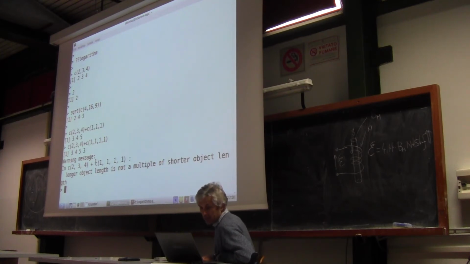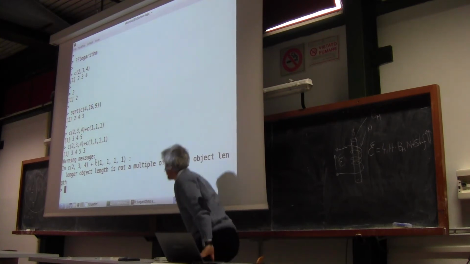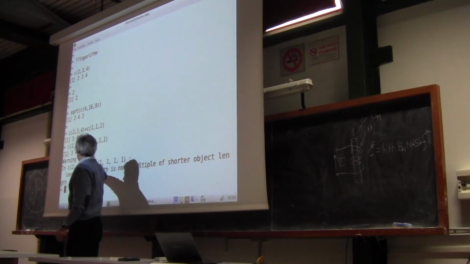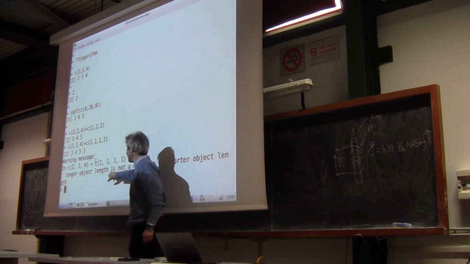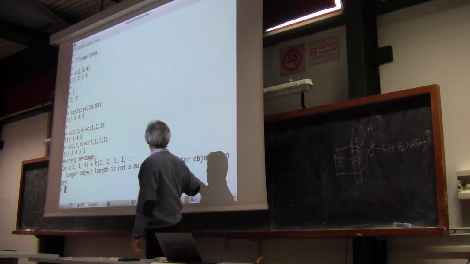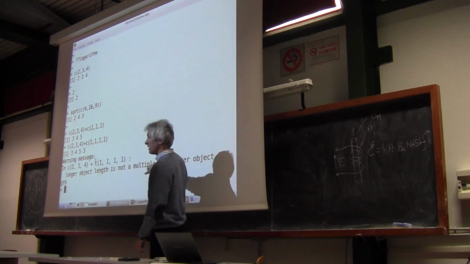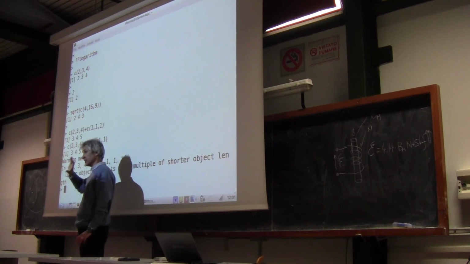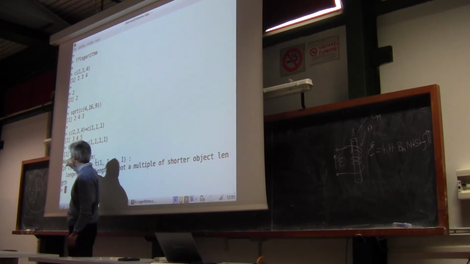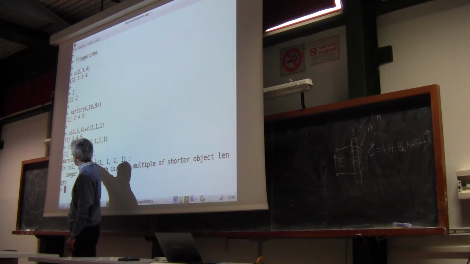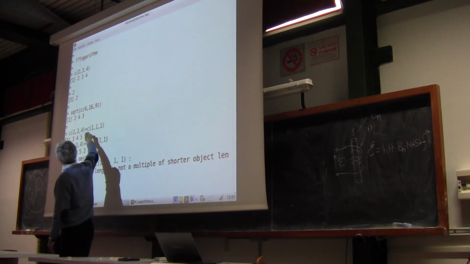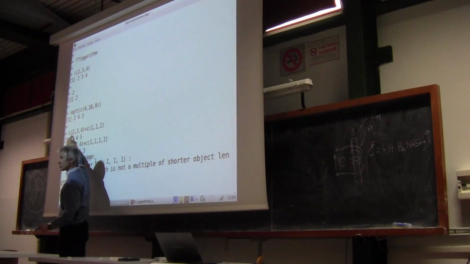And what it did, basically, in this case, first of all, it gives you a warning. It gives the length: longer object length is not a multiple of shorter object length. Because this is a warning, not an error, it gave a result, which is this one. How was this result computed? It was computed by repeating the first element in the shorter vector.